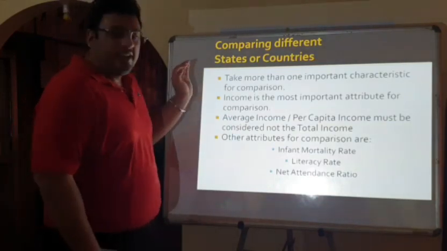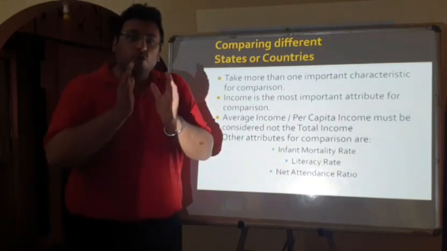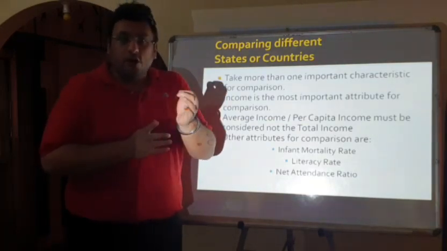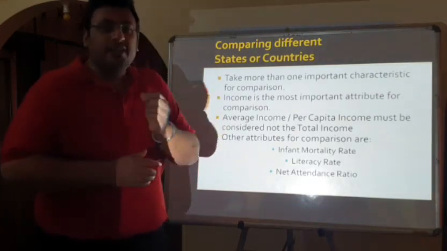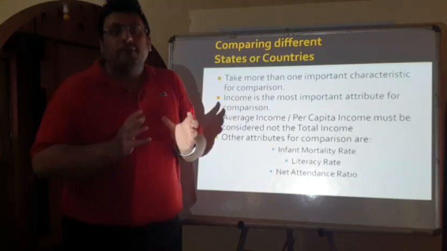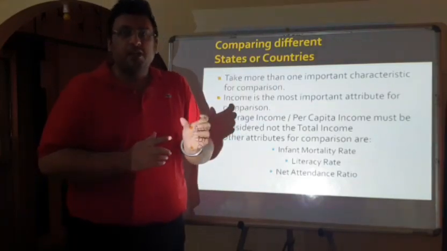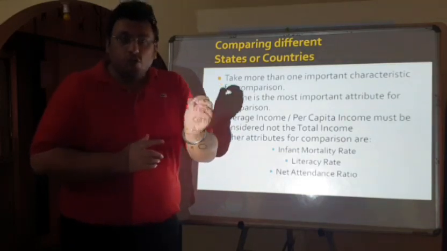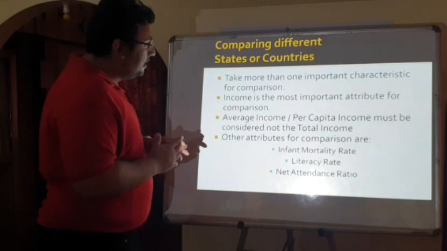You cannot only rely on income. Yes, income is one of the most important features for comparing, but only income cannot be the complete feature. We need to take various other aspects in order to compare two different states or countries. Let us see what these aspects are.